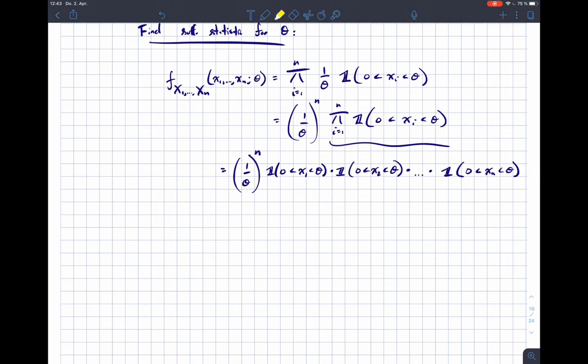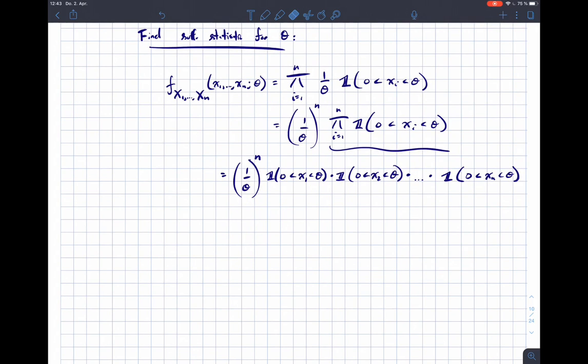Now, this will be equal to 0 or 1, this will be equal to 0 or 1, and this will be equal to 0 or 1. So this whole thing will be equal to 0 if any xi is not in the interval 0 to theta, and will be equal to 1 if all the xi values are in the interval from 0 to theta.